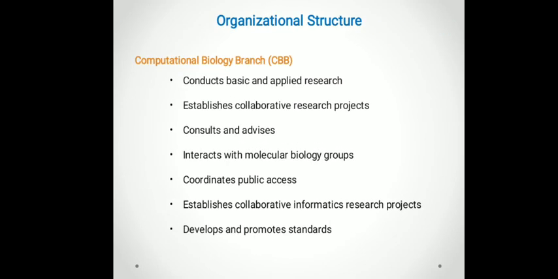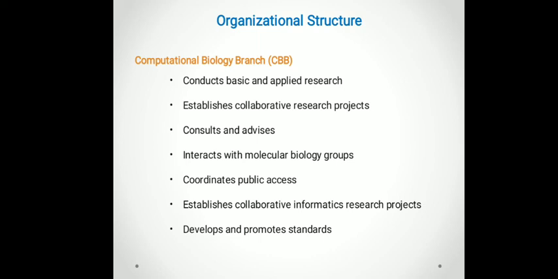Then let's see the organizational structure of NCBI. For proper functioning, NCBI is organized into different branches, mainly three branches. The first one is the Computational Biology Branch, or CBB.